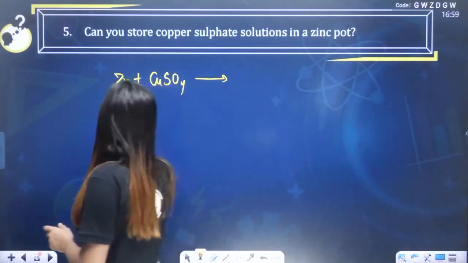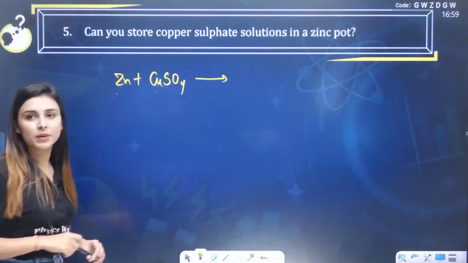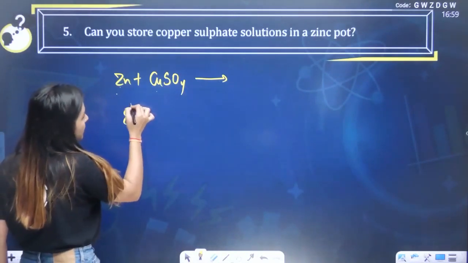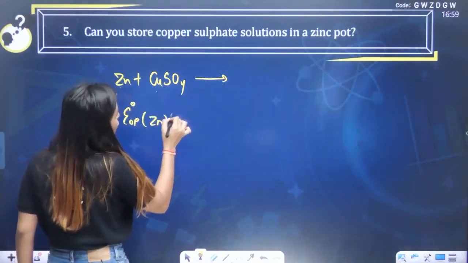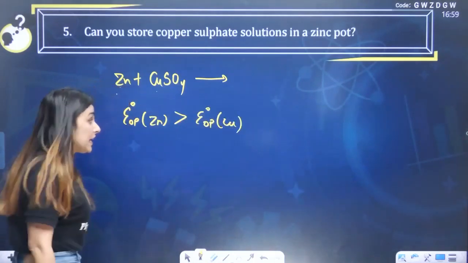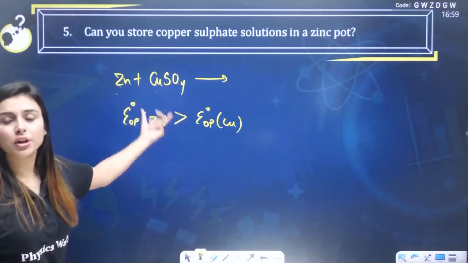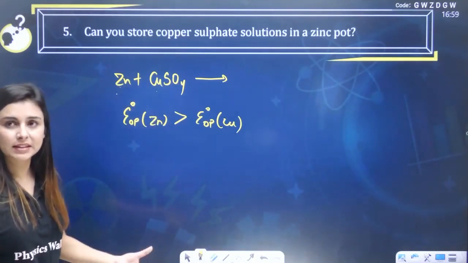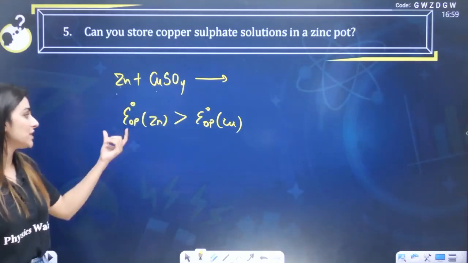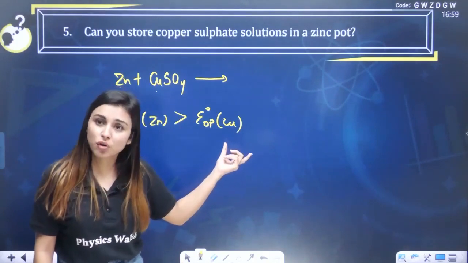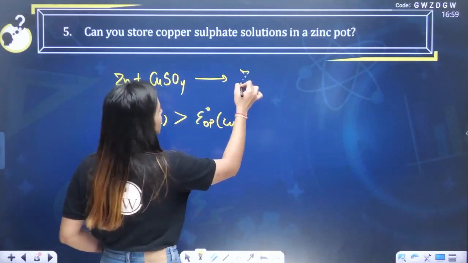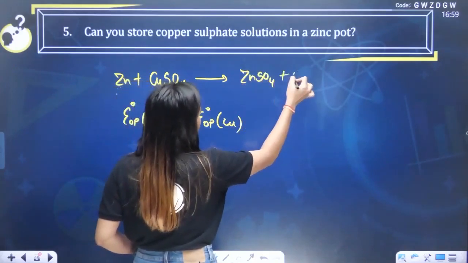Let's see. I have zinc, the metal, and I have copper 2+. I know that for the reaction to take place, the oxidation potential of zinc should be more than the oxidation potential of copper. True or not? You just have to go to the electrochemical series, and if you see in the electrochemical series, my dear students, the oxidation potential of zinc is more than the oxidation potential of copper, and since it is more, this will displace and will give you ZnSO4 plus copper.